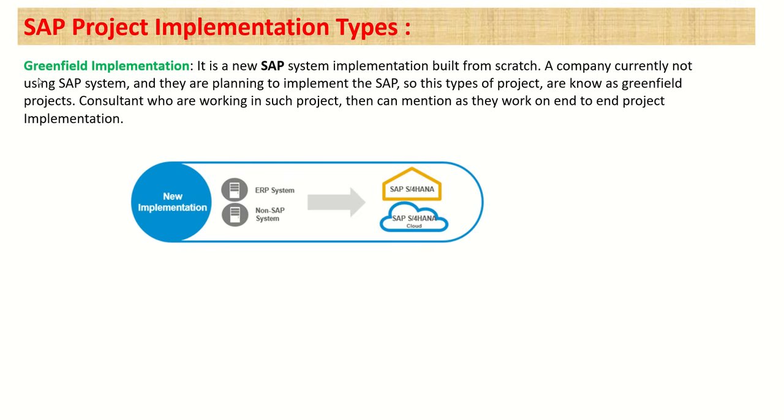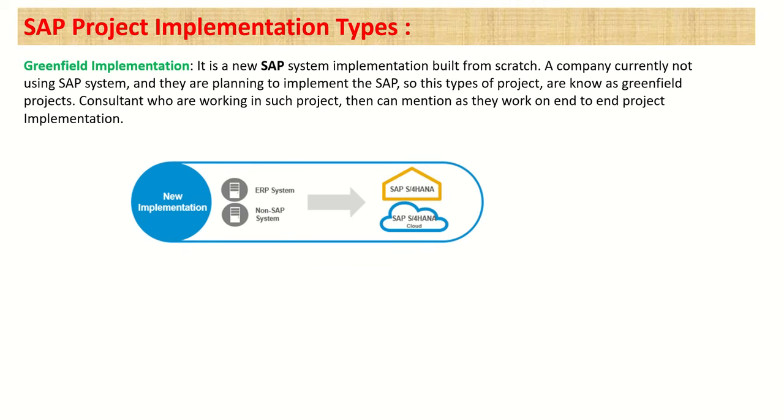We can call this a greenfield implementation, where currently there is no SAP system in that company. The company agrees to move to the SAP system either on premise or on cloud based on their requirement. So when we are involved in such a project where that company has no SAP as of now and we have to work from scratch, those are known as greenfield implementations.